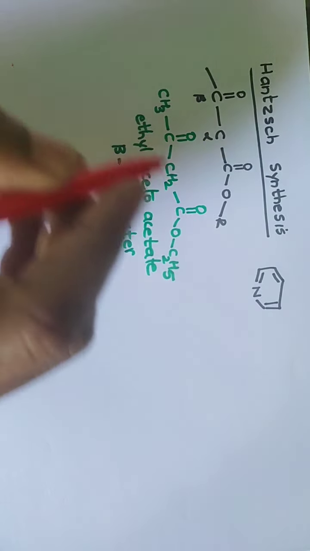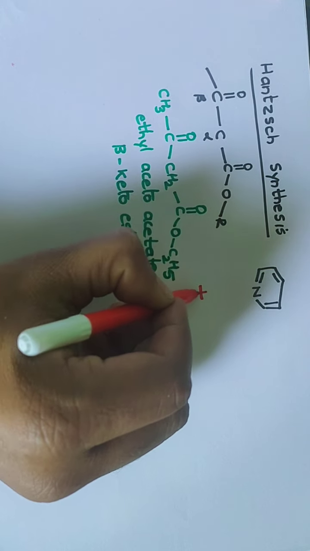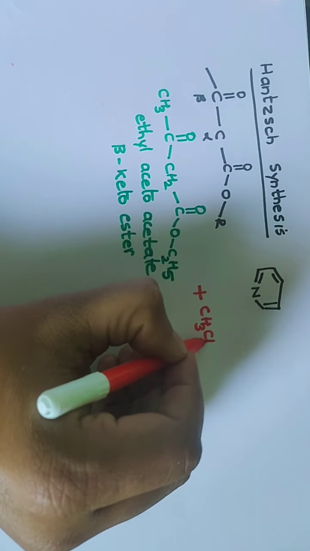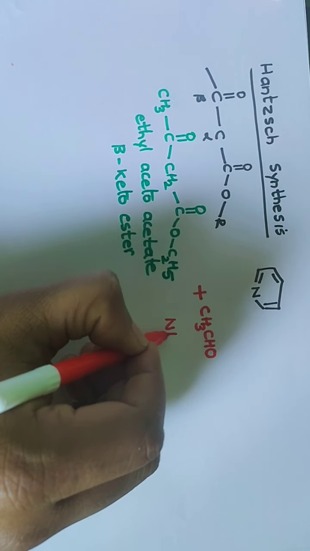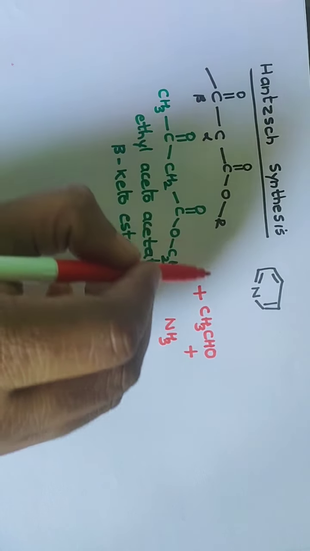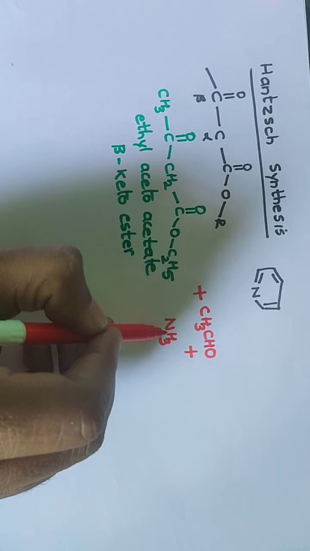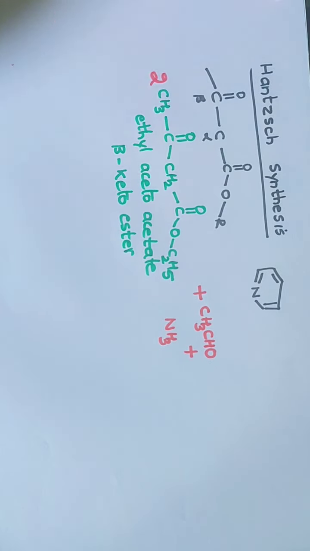So this, when treated with an aldehyde, CH3CHO acetaldehyde, and ammonia: one molecule gets condensed with this aldehyde, another molecule gets condensed with ammonia to form an intermediate.